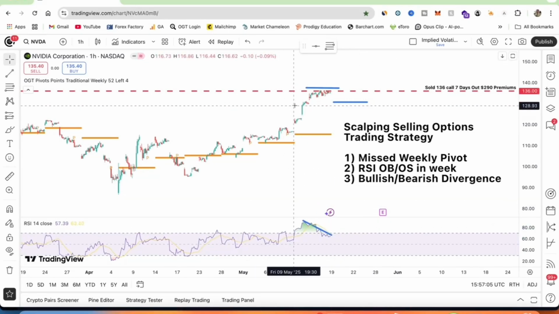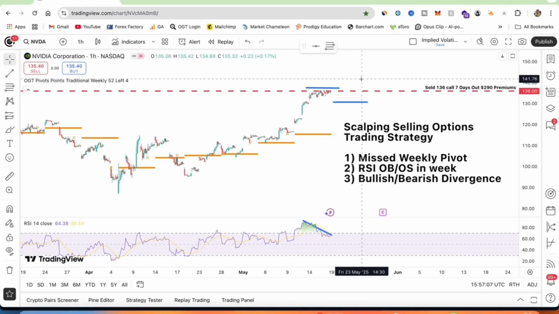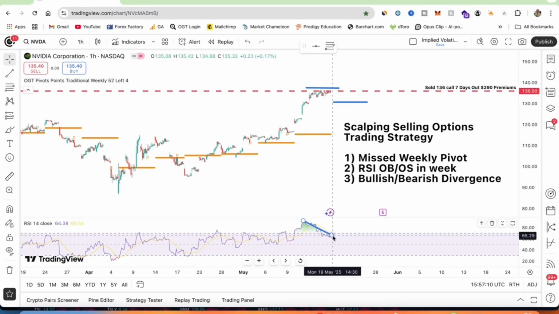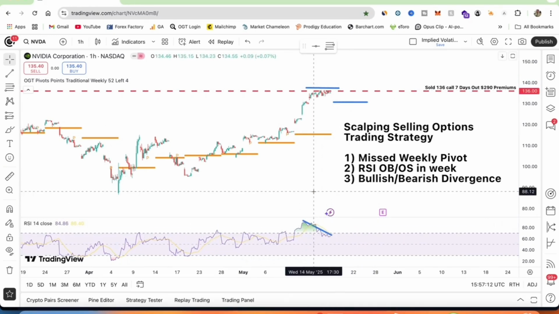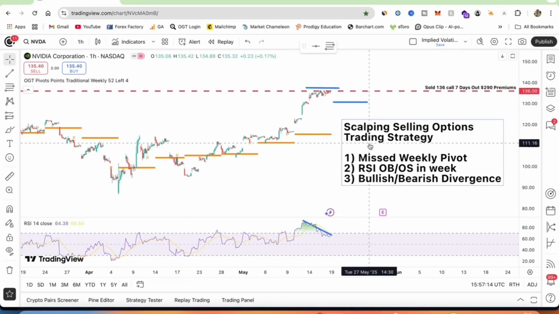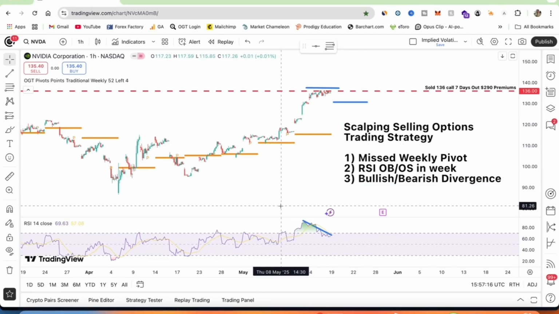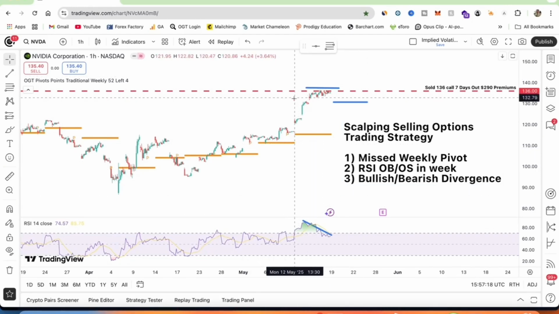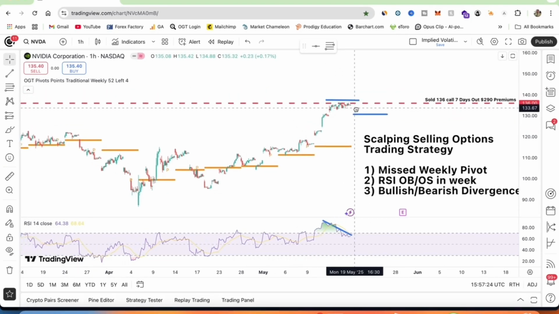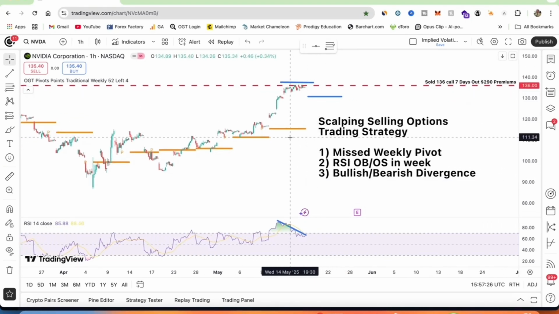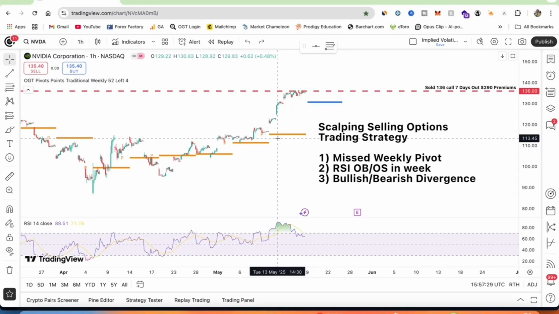So price is making flat to higher highs, but we're making lower highs on the RSI or your oscillator of choice. And therefore that gives you a good indication of where price is running out of steam in this example, and therefore giving us a leading indicator that price is looking to drop in the short term, i.e. in our example, in the next 7 days.